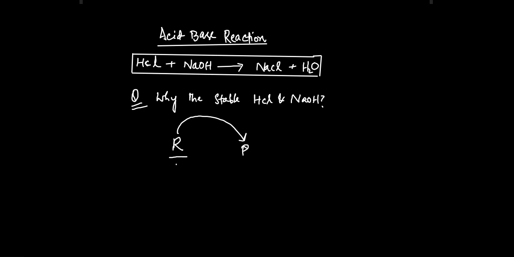So they want to shift to the side which makes them stable, and therefore they will change into something which has less energy. On the reactant side you have high energetic molecules, and they want to go to the low energy. And now we will see how this reaction occurs.